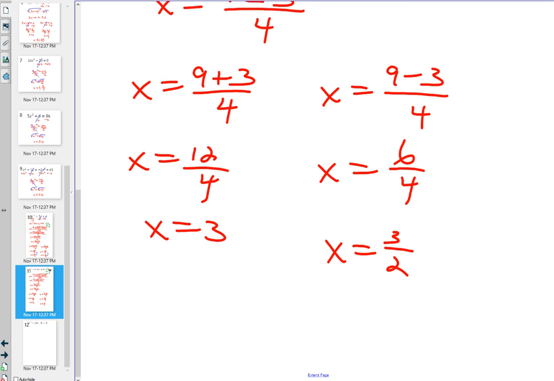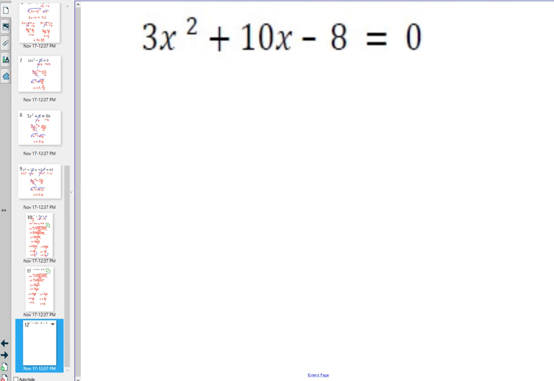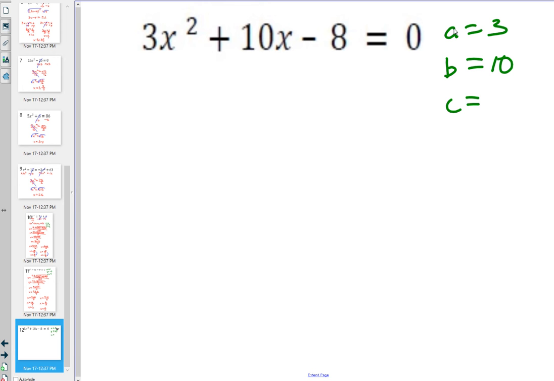Any questions there? What would you expect to see as the instructions here? Yeah, quadratic formula. So what would A be? What would B, and what would C be?